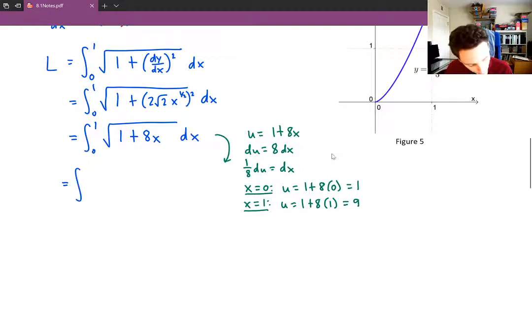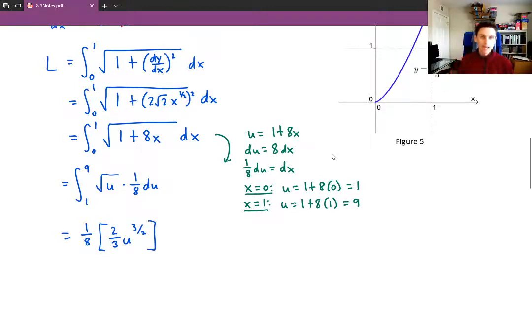So we can write the integral from 1 to 9, this is u equals 1 to u equals 9, of the square root of u times 1/8 du. So the 1/8 will pop out in front. We can integrate the square root of u, which is u to the half, so that gives you u to the 3 halves with a 2/3 in front.